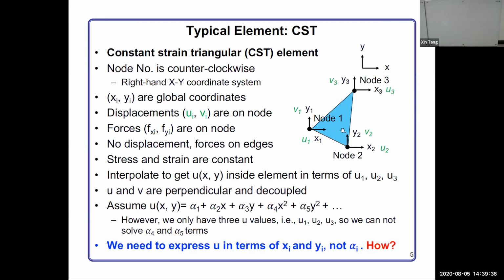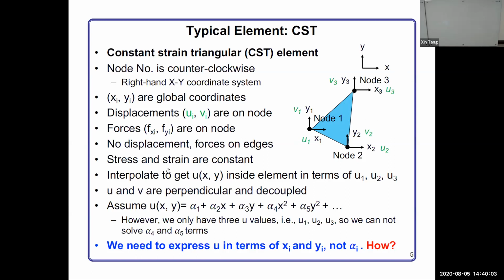If you plot them in the contour map, they have different colors, meaning each element contains one single stress or single strain. That's also the reason that, if you want, you can make the finite element size smaller, a more dense mesh. You will have a smooth transition of the stress instead of a jump or step change of the stress and strain.